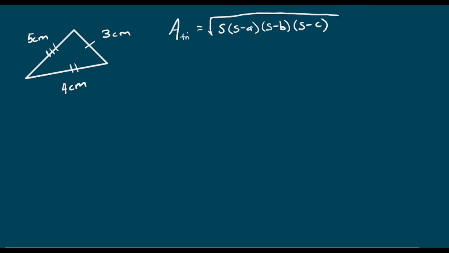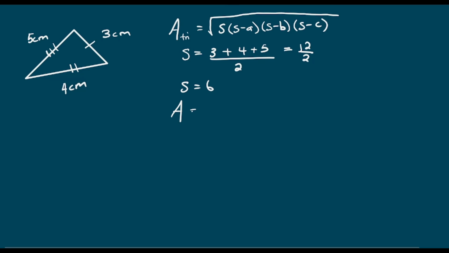So for our triangle, S, which is the semi-perimeter, would be 3 plus 4 plus 5 divided by 2. So that would be 12 divided by 2, and S would be 6.